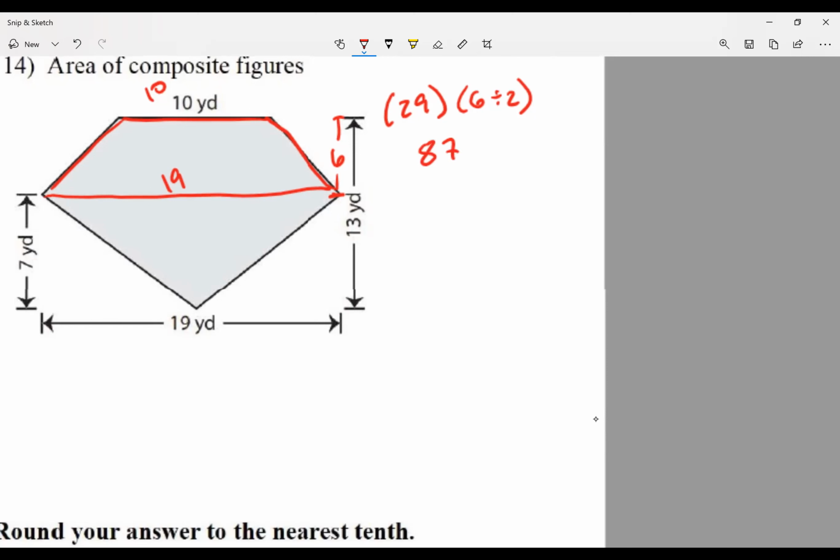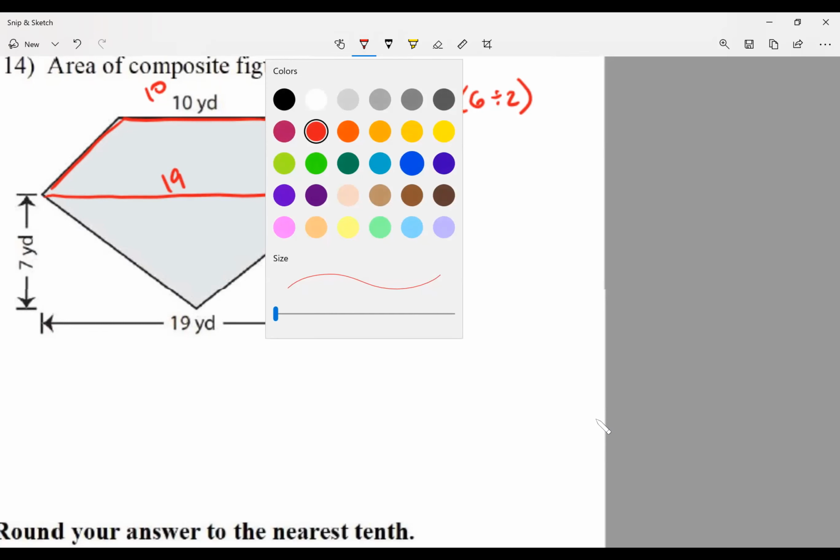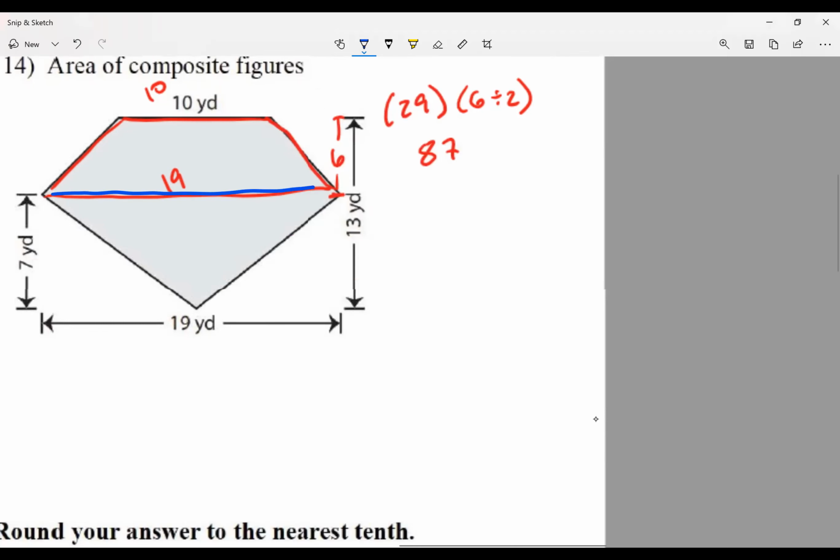Just the trapezoid. Now, let me focus on the triangle. So, for us to see it separately, let me do this in blue. I'm just going to focus on this triangle at the bottom. Here in the center, I know there's a 90-degree symbol. For triangles, I multiply the two numbers that make the 90-degree symbol.